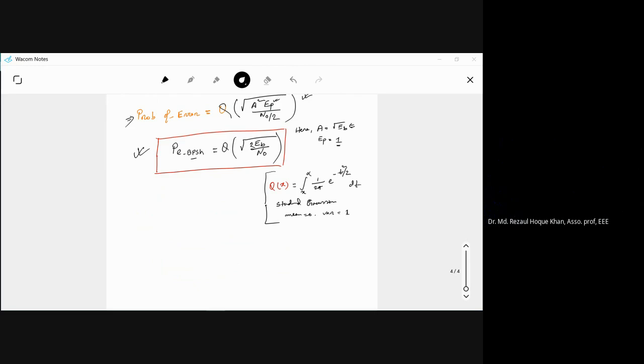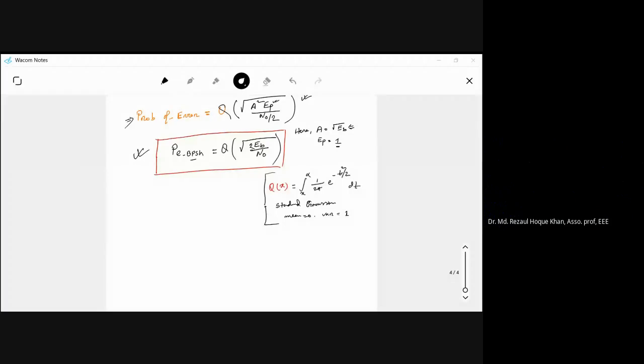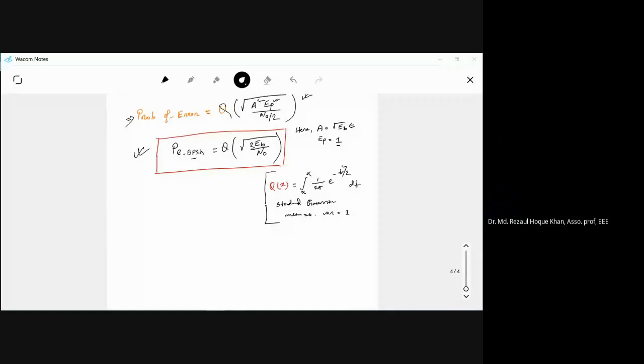The first assumption of this equation starts from here in BPSK, and how the square root of 2Eb comes is not explained. That's why I derived it point by point so that you understand how this equation comes. This is a more inclusive approach.